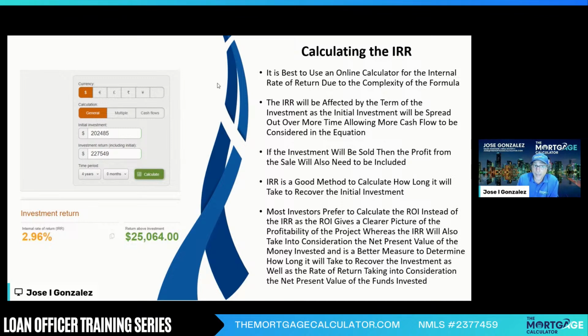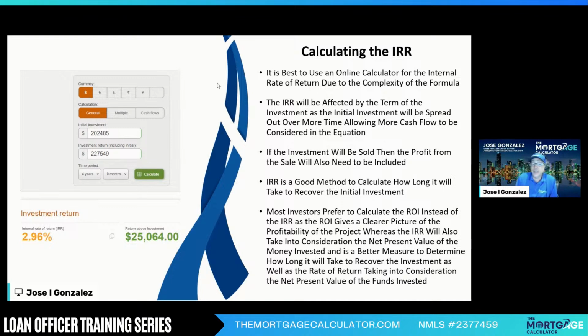So to recap, most investors do prefer to calculate ROI instead of internal rate of return, because the ROI gives a clearer picture of the profitability of the project, whereas the internal rate of return will also take into consideration net present value of the money invested and is a better measure to determine how long it will take to recover the investment, as well as the rate of return, taking into consideration the net present value of the funds invested.